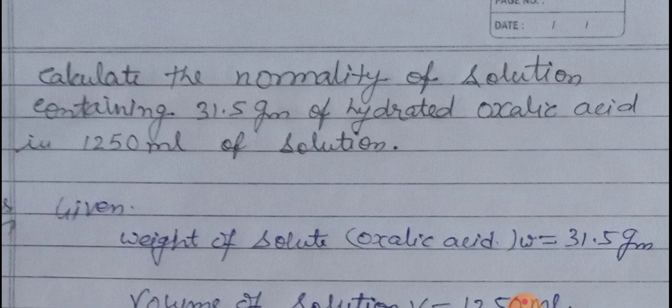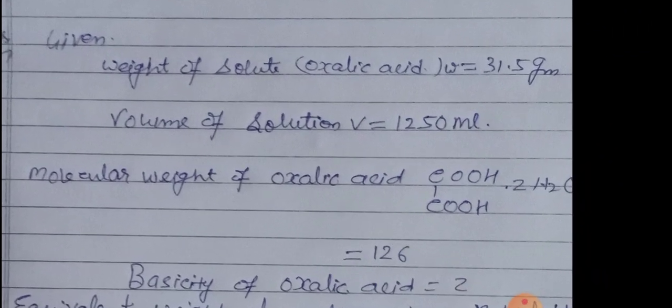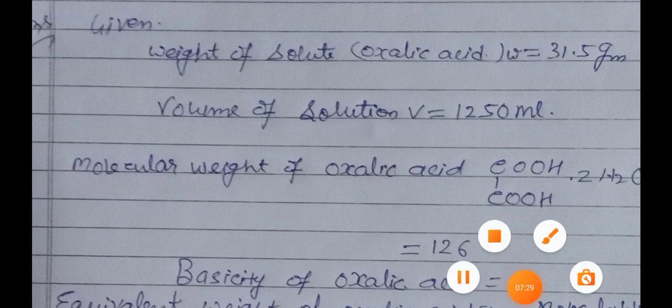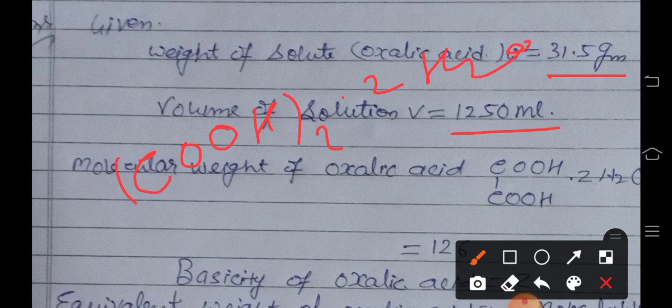Now we start the solution. In this question, the weight of solute is given as 31.5 gram, and the volume of the solution is 1250 ml. The formula of hydrated oxalic acid is (COOH)2 dot 2H2O, or it can be written as COOH, single bond, COOH dot 2H2O.